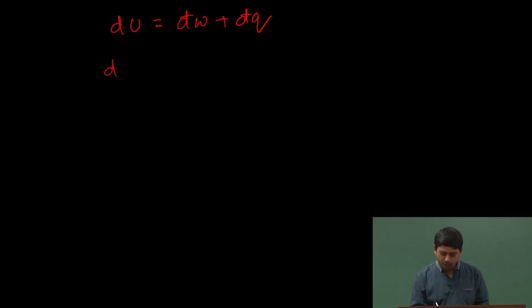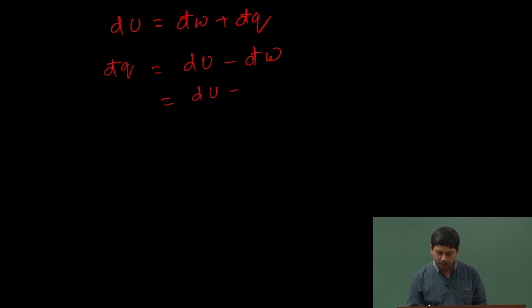We are looking for heat, so dQ equals dU minus dW. By definition we can write dU plus p external dV; although I write just p, take it to be p external.